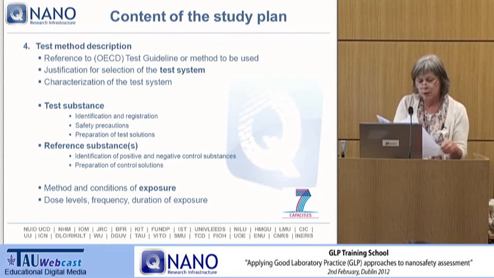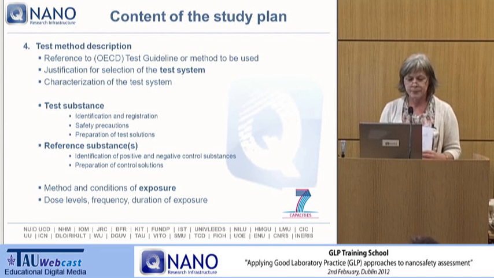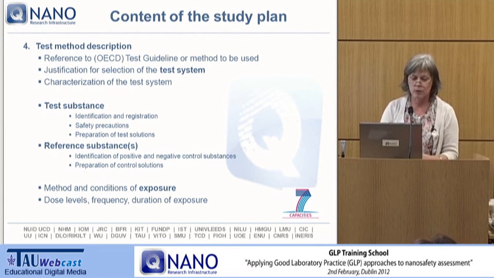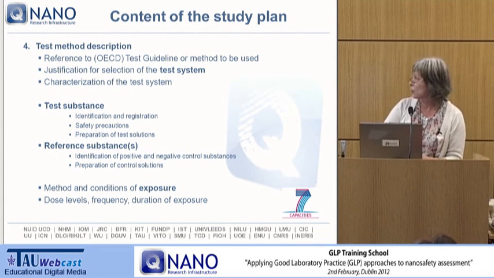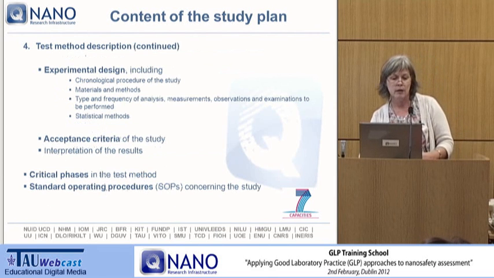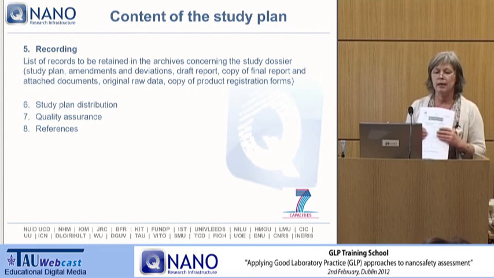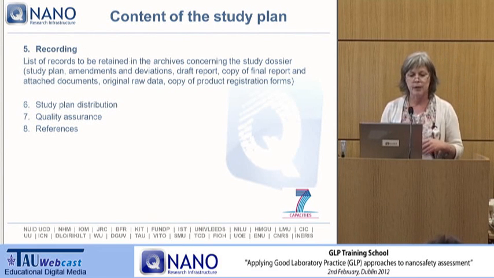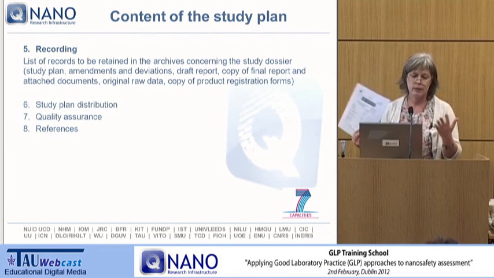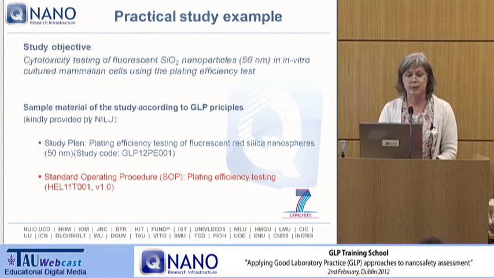So you will have a look at this study plan and check if all is there, and also if the method and conditions of exposures and doses are there, and how recording is described, and that it has a study plan distribution, quality assurance, information, and references.